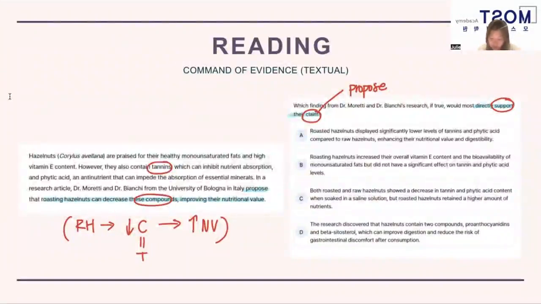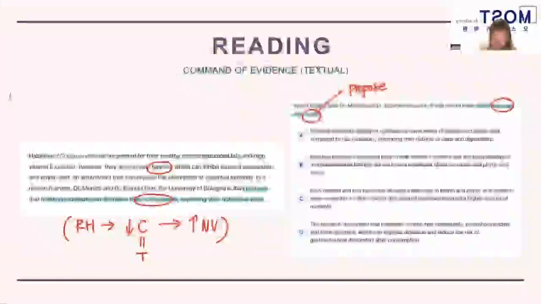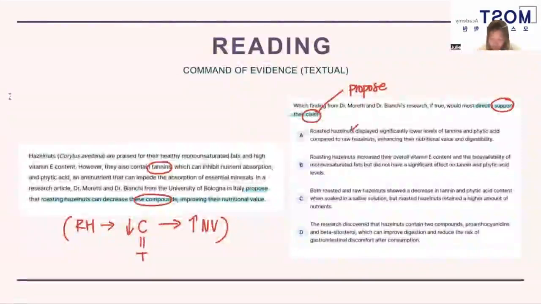Roasted hazelnuts displayed significantly lower levels of tannins and phytic acid compared to raw hazelnuts, enhancing their nutritional value and digestibility. Okay, so first they have the mention of the roasted hazelnuts, and it's making a comparison to raw hazelnuts, right? So we can definitely see that comparison would give us a little bit clearer context as to whether or not there's a difference in that nutritional value.